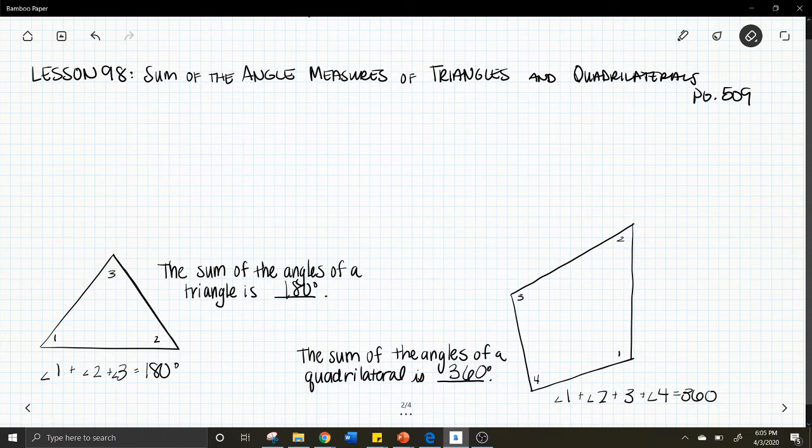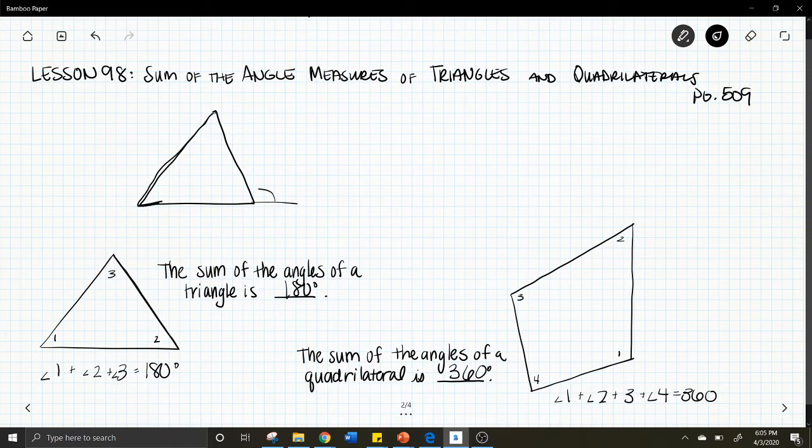Let's say you walk around a park, and you make one turn and then another turn, and at your third turn, you're where you started. So you've made this turn, then you're walking and you turn this way, and then you're walking and you turn this way. Let's say you made 3 turns to get around the park. Remember, a full turn, so you walked around to get back where you started, all of those turns together is 360.